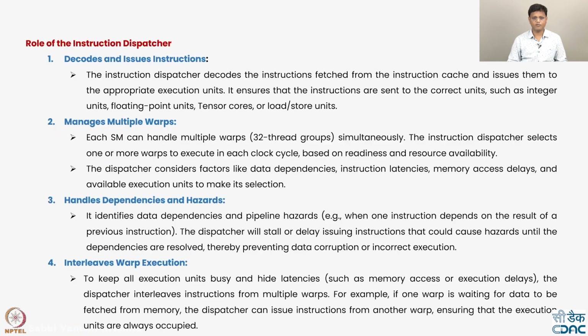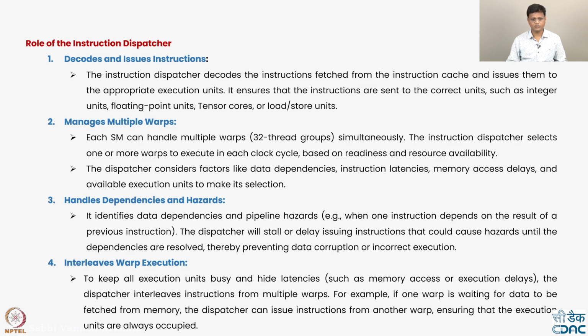Such dependencies are handled by the instruction dispatcher. And dependencies of pipeline, that part I will cover in the next section, when I cover in detail the dependencies on the pipelining units by taking different examples.